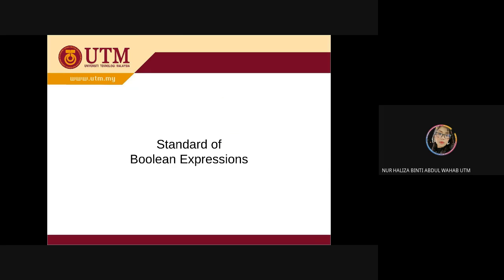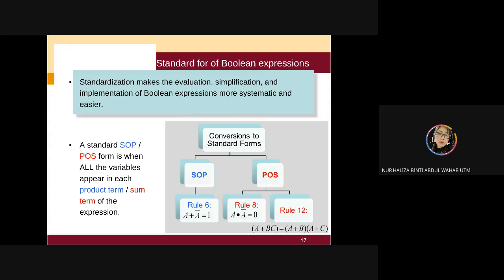subtopic, which is standard Boolean expression. A standard SOP or POS form is when all variables appear in each product term or sum term. Okay, you baca yang you fahamkan sendiri.